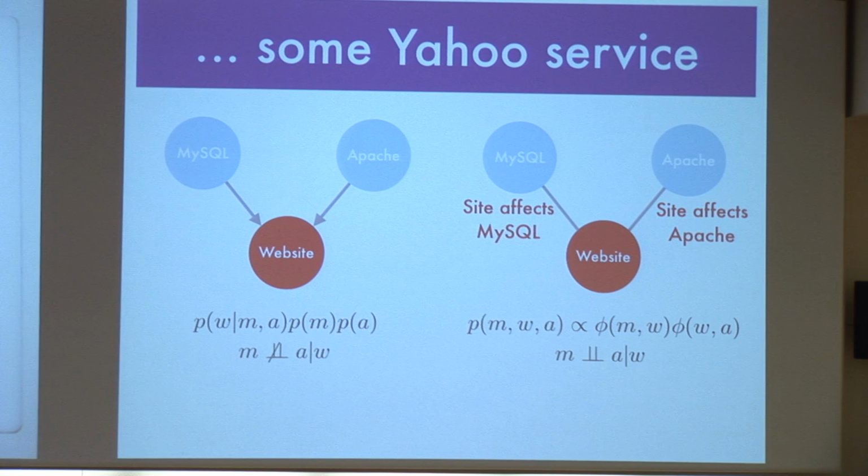So this is quite different from what we had before. Before, when I conditioned on the website, the things became dependent on each other. Here, when I condition on the website, the database and the web server become independent of each other, and they actually depend on each other if I don't condition on it. So this is more of, you know, I restrict the information flow here.